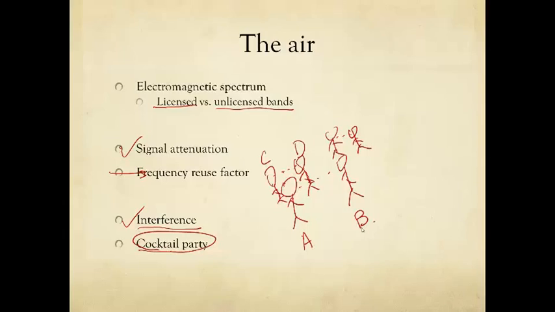Now the question is, how can you communicate in such a cocktail party? How can you mitigate and manage the challenge of interference? Now, one strategy that we'll be focusing on in today's lecture is transmit power control, or in the case of a cocktail party, volume control.